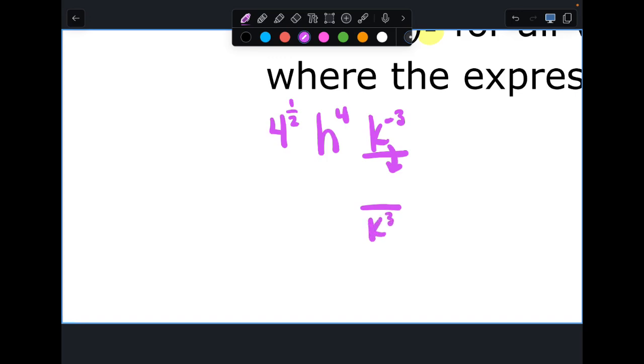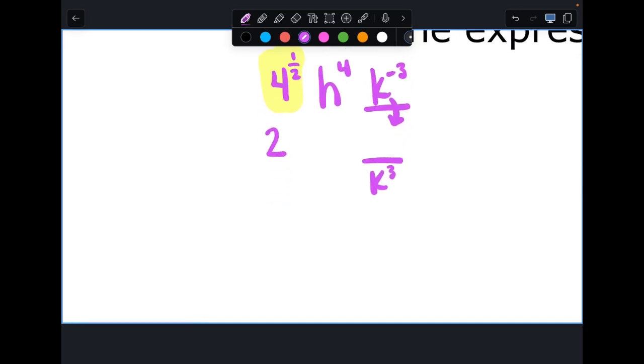So it'd be 4 to the power of 1/2, h to the power of 4 over k to the power of 3. What is 4 to the power of 1/2? 2. Now, just FYI, the power of 1/2 is another way of writing the square root. The square root of 4 is 2.